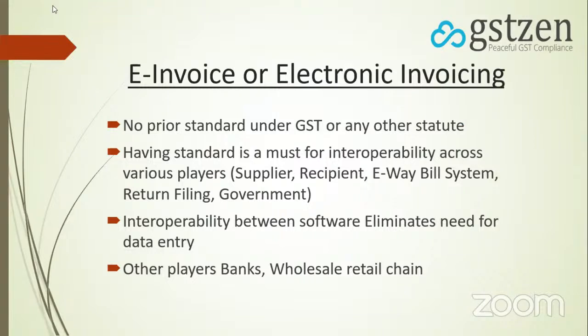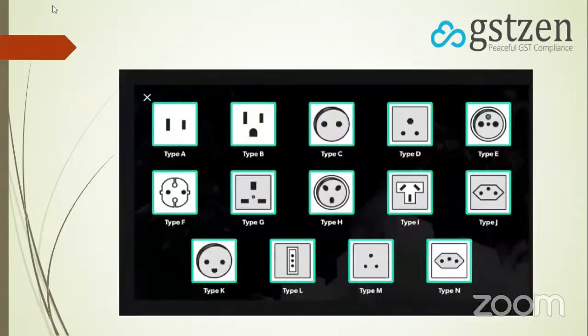So it allows interoperability between various softwares and eliminates the need for data entry. If you are generating an e-invoice, it will go to GSTR 1. From there, it will go to GSTR 2A and 2B of the buyer as well. So there is no need for you to do data entry multiple times. It also helps other players such as banks, wholesaler, chain retail.